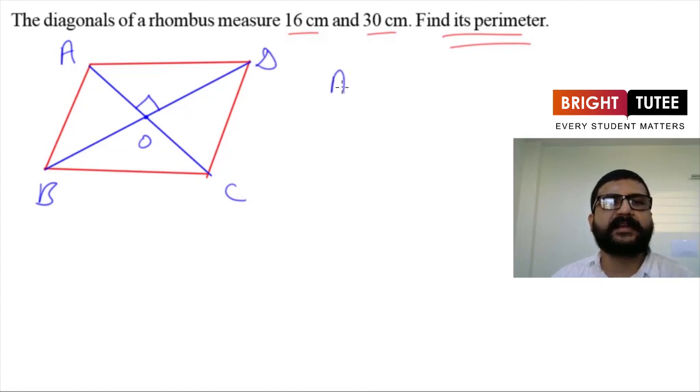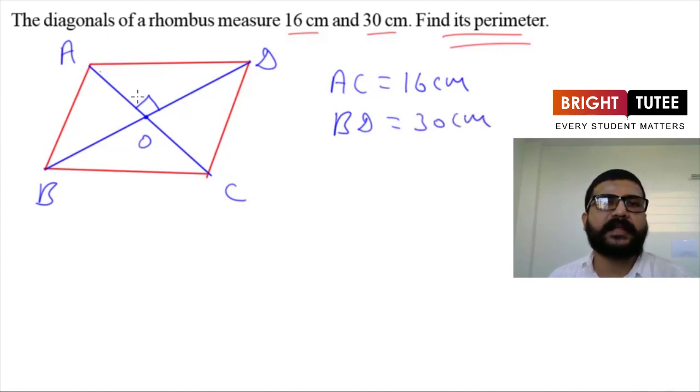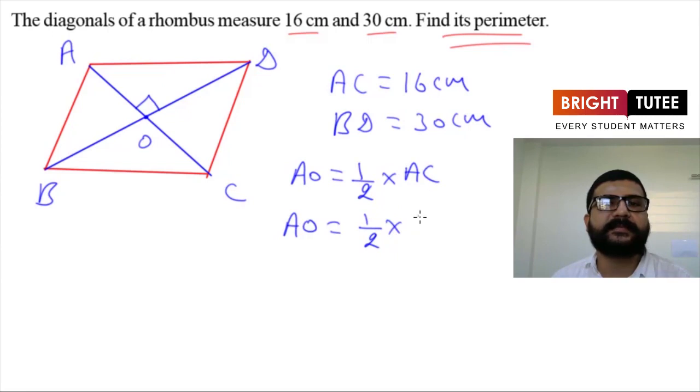If we take diagonal AC to be 16 centimeters and diagonal BD to be 30 centimeters, so what do you think about the length of AO and DO? If AC is 16 centimeters and we know diagonals bisect each other, so AO will be half of AC. So AO is equal to half of 16, which is equal to 8 centimeters.